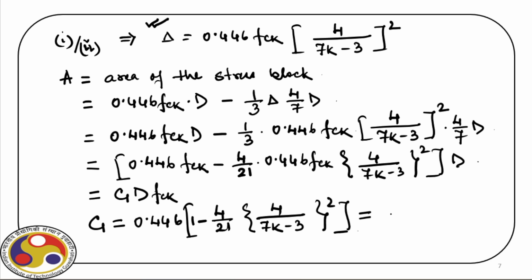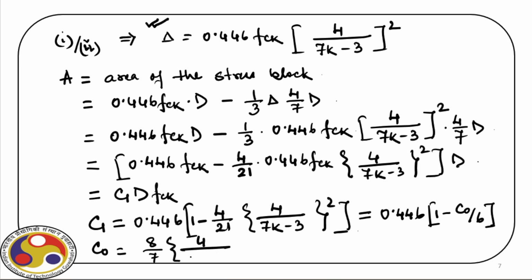Now this we can actually write in a more compact form. Often we see in design specification. So this is 1 minus C0 by 6, where C0 is equal to 8 by 7 times 4 by 7K minus 3 whole square.